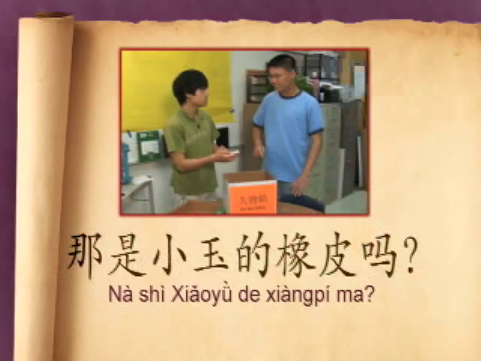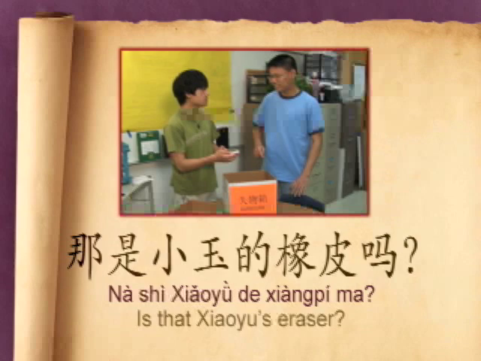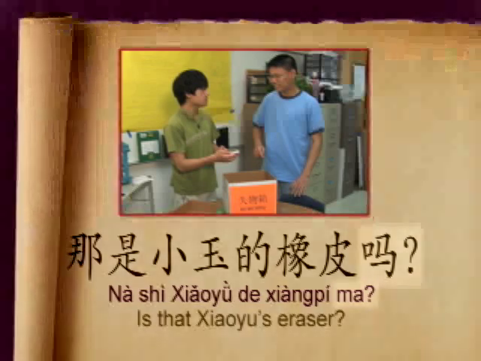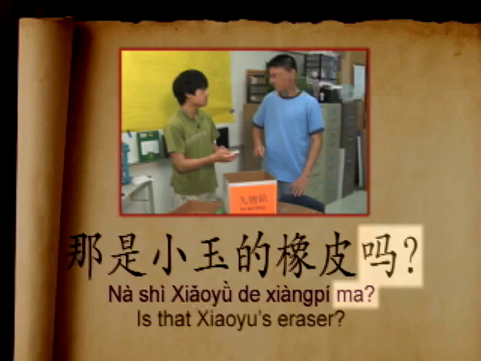同学们, do you understand more of the dialogue? Let's learn the sentences. The first question was, 那是小玉的橡皮吗? Is that 小玉's eraser? Notice that the question particle 吗 is at the end of the sentence.